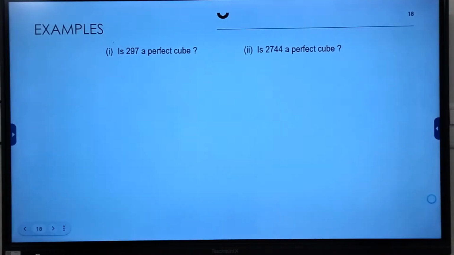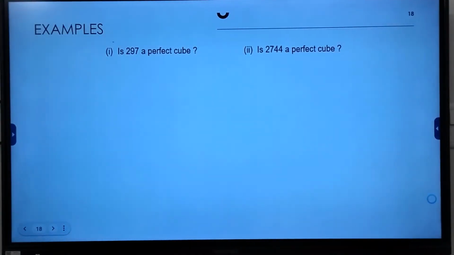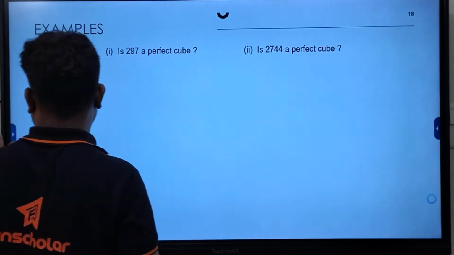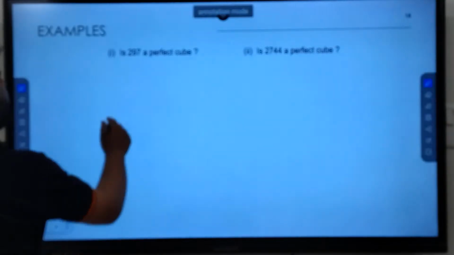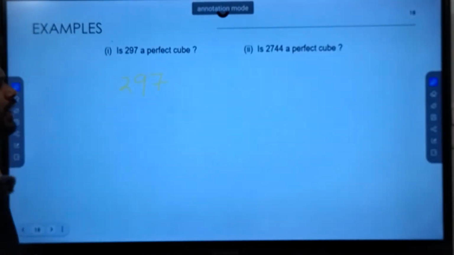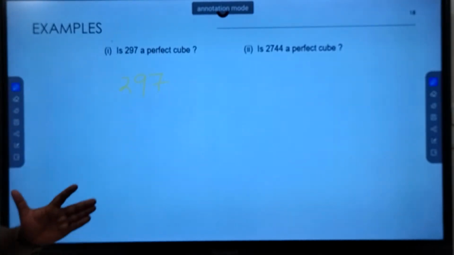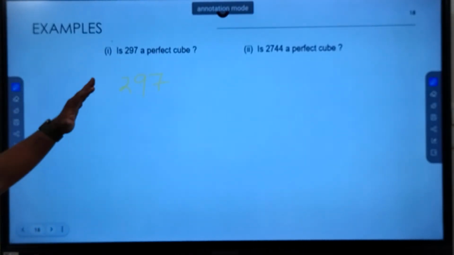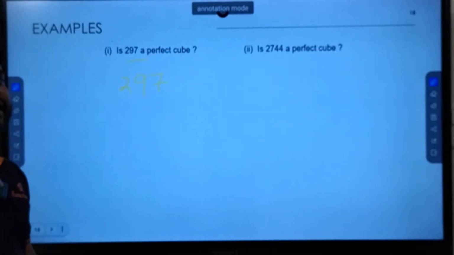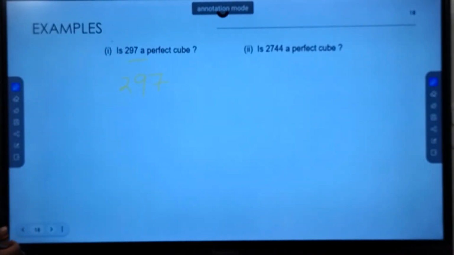We have already learned about it, that is 1. And is 297 a perfect cube? Is 2744 a perfect cube? Let's find out. Maybe 297 is not a perfect cube. If you memorize cubes up to 10, you can tell just by saying it that 297 is not a cube.